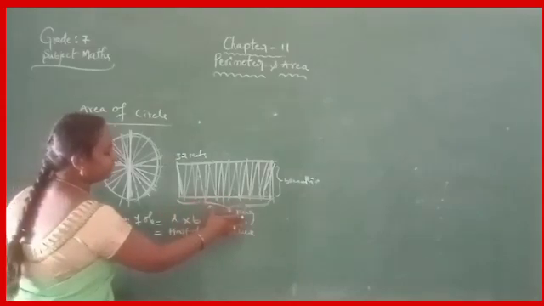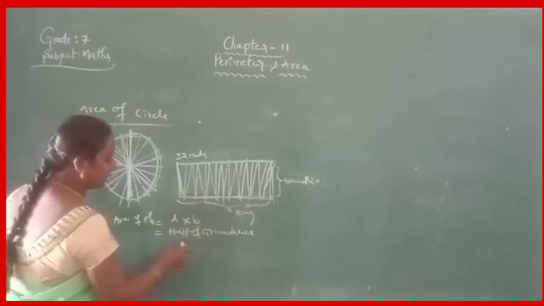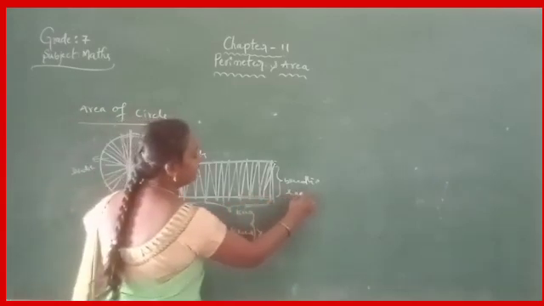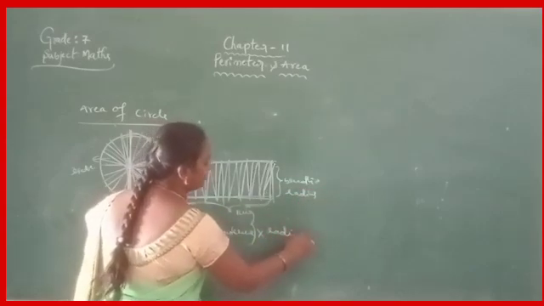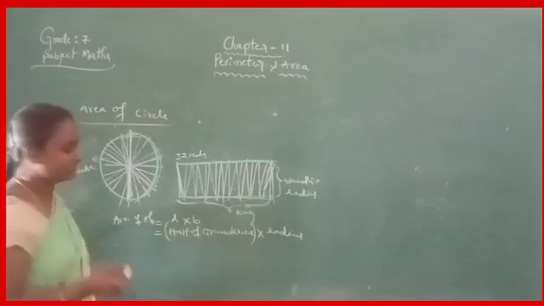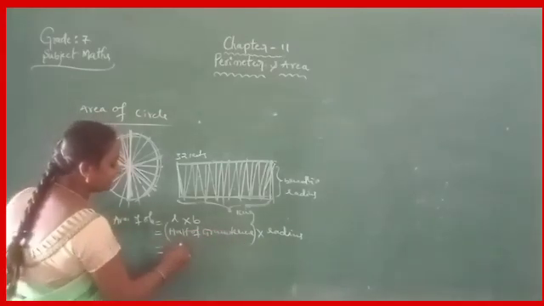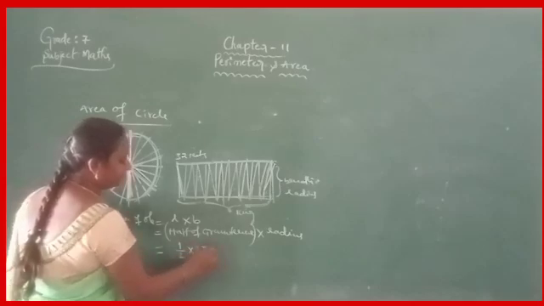Here the length of the rectangle is equal to half of the circumference, and the breadth is equal to the radius of the circle. Then we know that half of the circumference is half into 2 pi r.